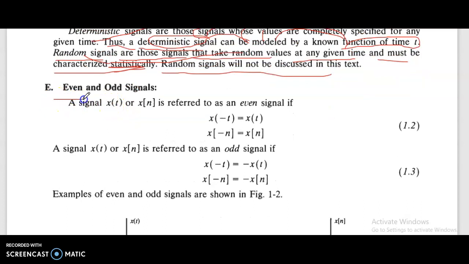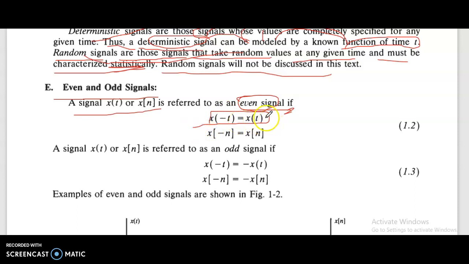Even and odd signals. A signal x of t or x of n is referred to as an even signal if x of minus t equal to x of t.